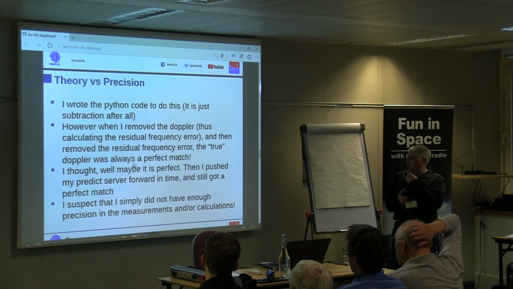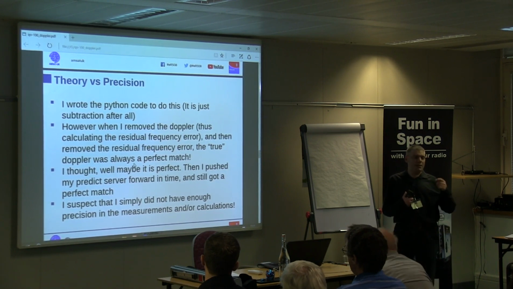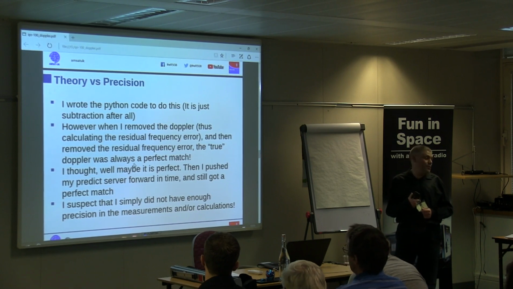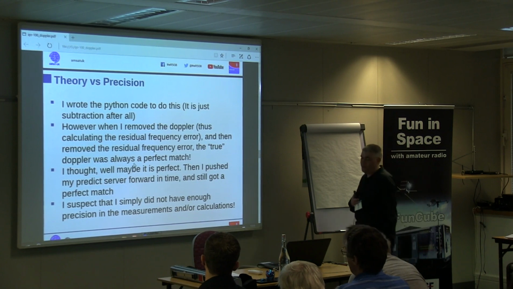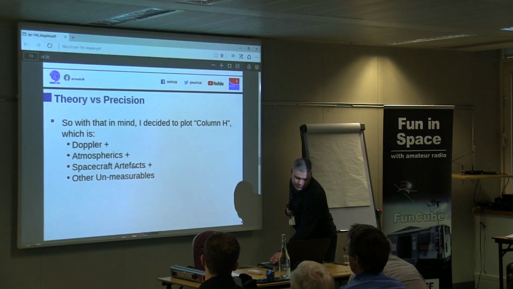So I thought, well, all right, let's push my predict server forward in the future. Because with predict, you don't tell it what time, you just ask it what the Doppler is now. And so I tried that, but I still got a perfect match. I can only suspect that I simply didn't have enough precision in either the measurements or the calculations. So that was the first real negative part.